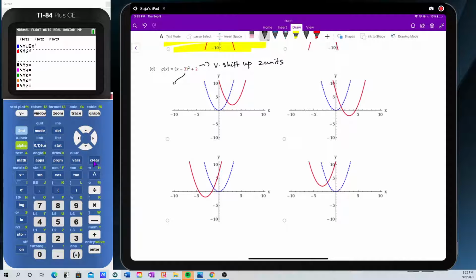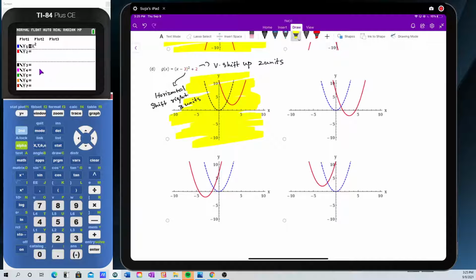And this is my horizontal shift right 3 units. So by looking at this, I can say it cannot be the second one, it cannot be the third one, it cannot be the fourth one. So it has to be the first graph. It has to be this one. But we'll cross check it.